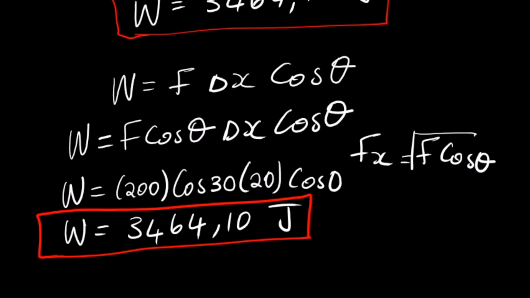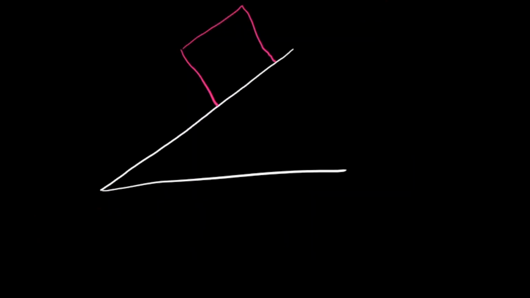This is how we calculate the work done when the force is applied diagonally. So let us look at this particular problem. We have an object on top of an incline. There are a few things that we need to understand.